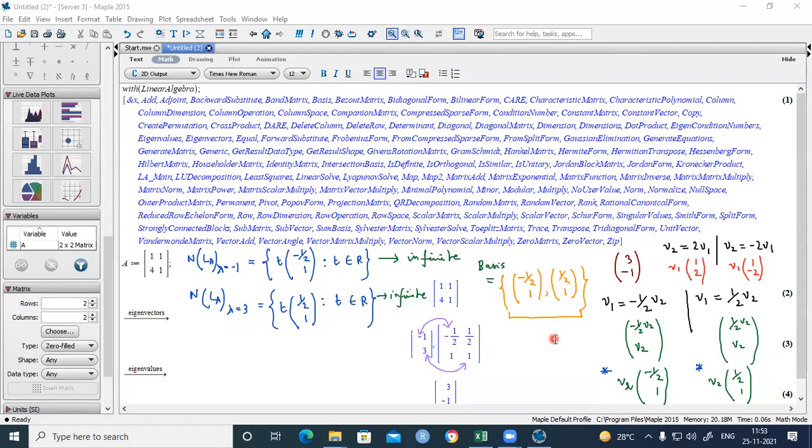Actually, there are infinitely many eigenvectors corresponding to the given eigenvalue, but here they are considering the basis only, whose linear combinations can be considered. So they are taking t equal to 1, just like we write the coordinate (x, y) as x times (1, 0) plus y times (0, 1). Now (1, 0) and (0, 1) become the basis. So they're writing the basis of the eigenvectors.